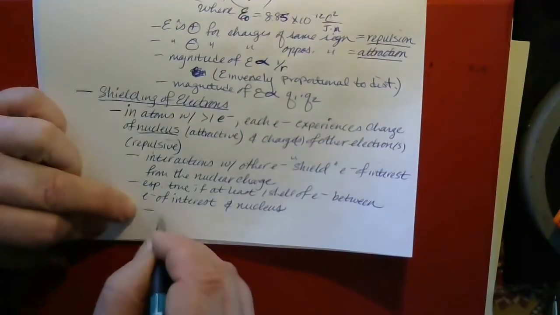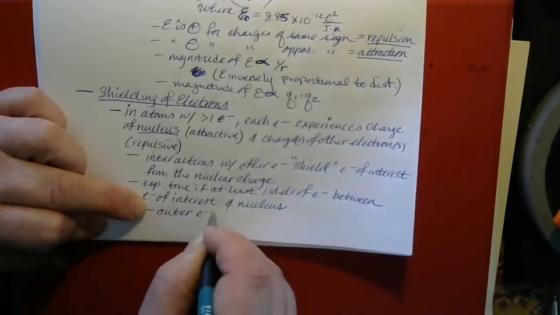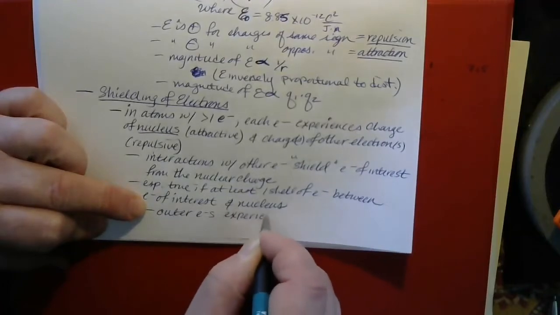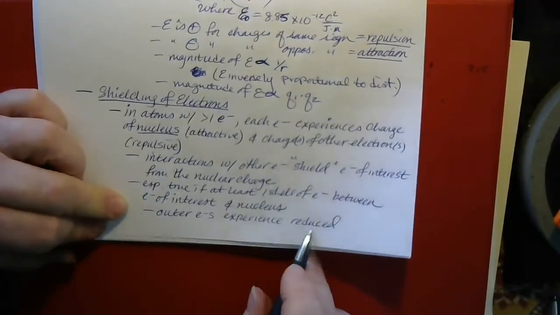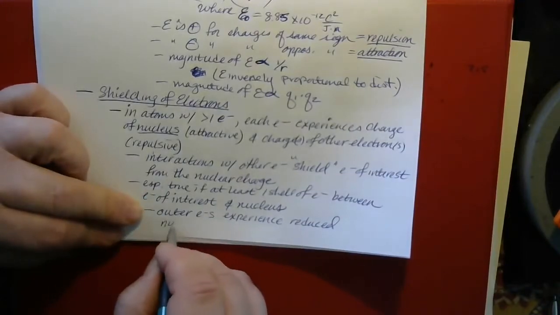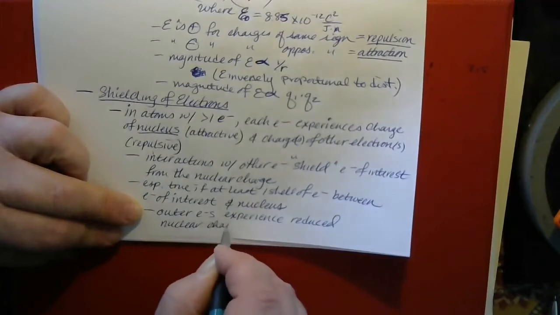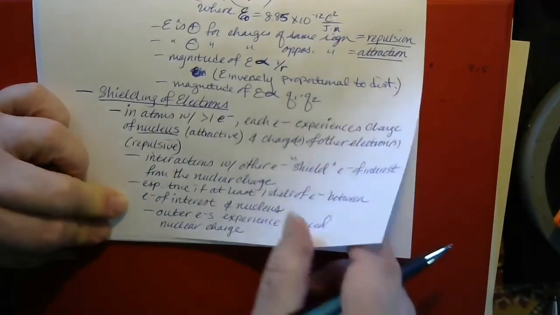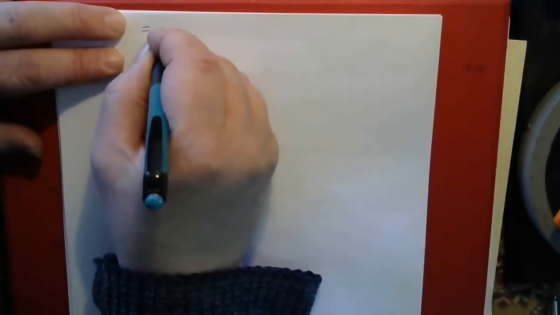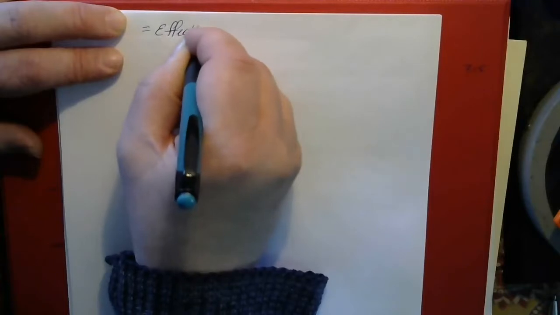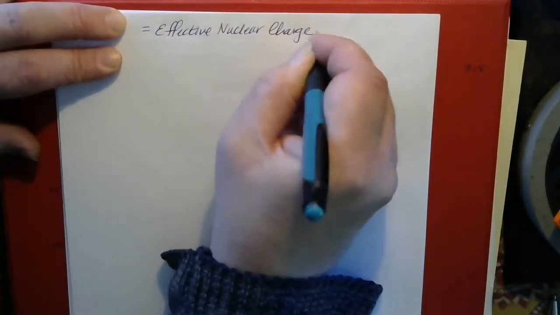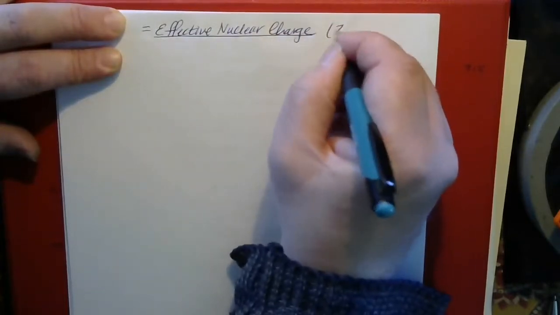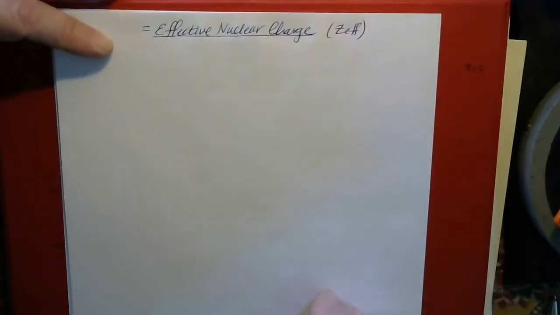Okay, so in effect, the outer electrons will experience a reduced nuclear charge. And what that is called is the effective nuclear charge, or Z effective.